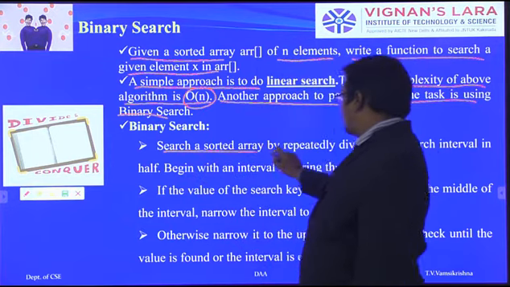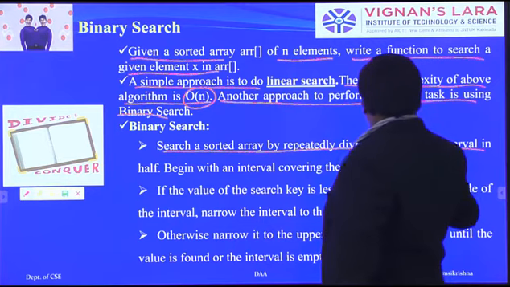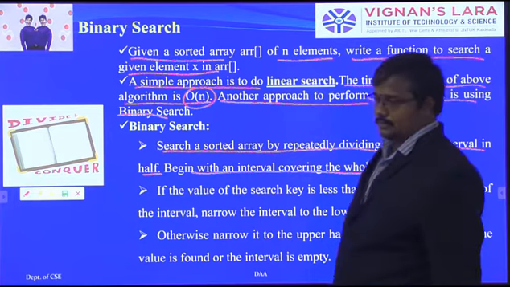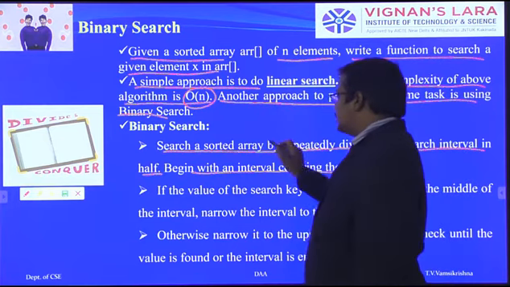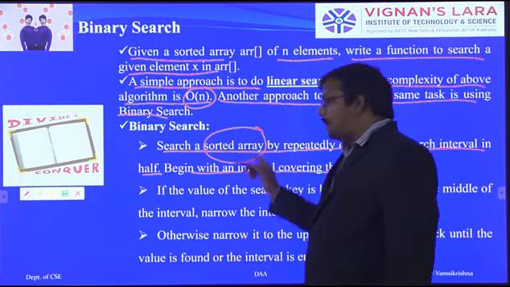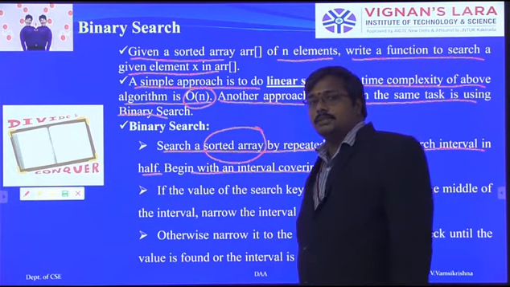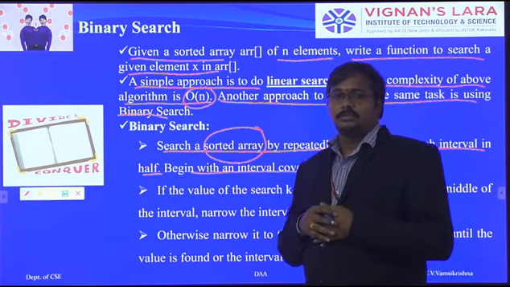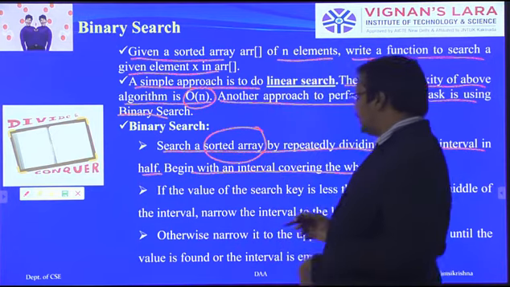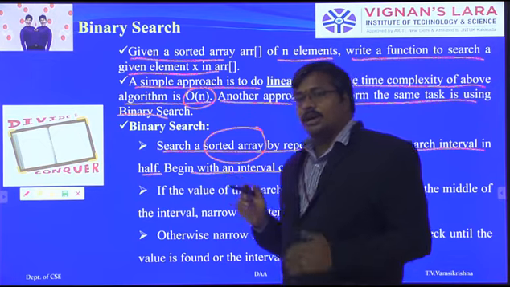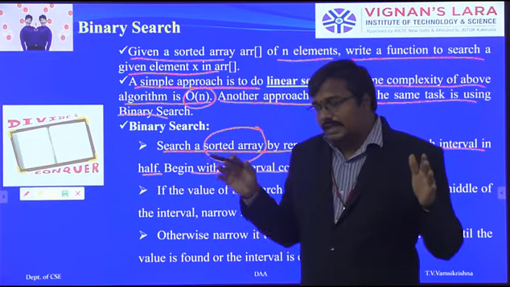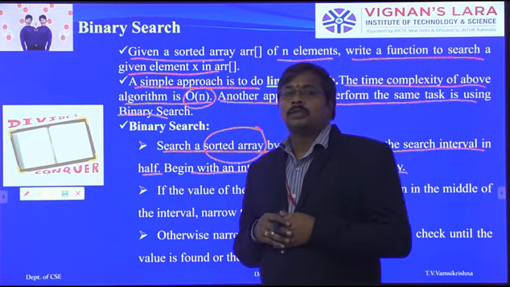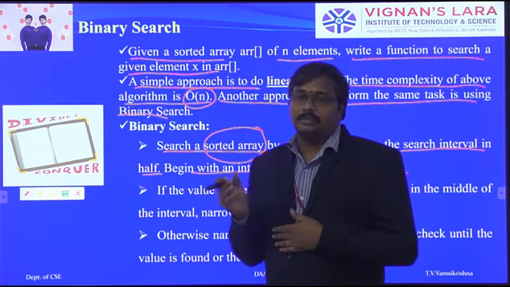In a sorted array, the search interval is repeatedly divided in half, beginning with the interval covering the whole array. This is very important: the precondition for binary search is that the elements must be in sorted order. Each time, we divide the array into two halves, like divide and conquer, and check whether the element is in the mid position.